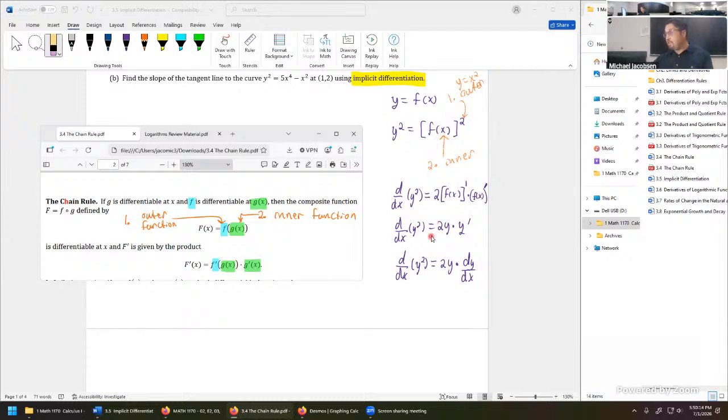Each time we differentiate, we follow the ordinary rules of derivatives, but we always chain on a new derivative. Y prime will always emerge. And that's this part right here, the chain rule, the g prime at x. So that's the logic of implicit differentiation. We'll go back up here, show the process in full, but any questions or comments at the moment?